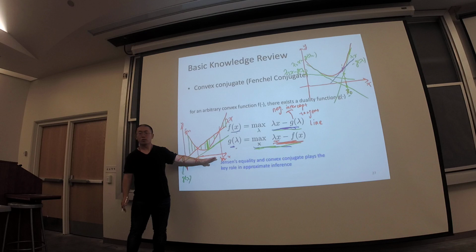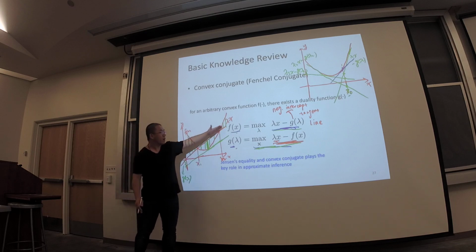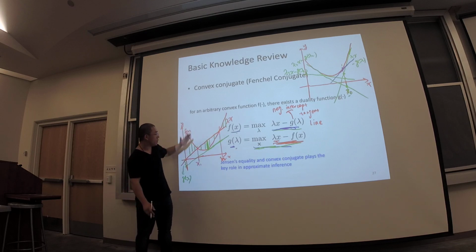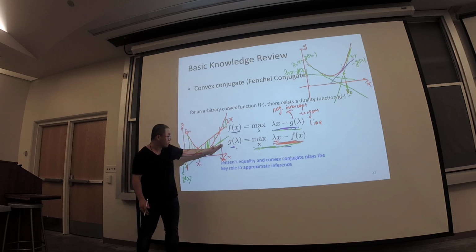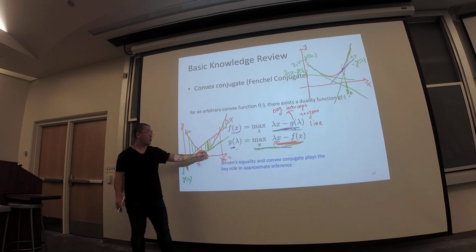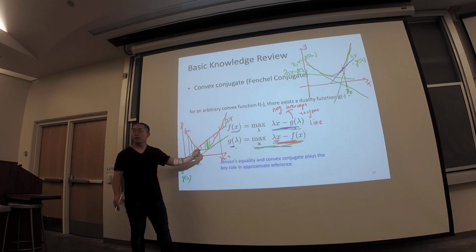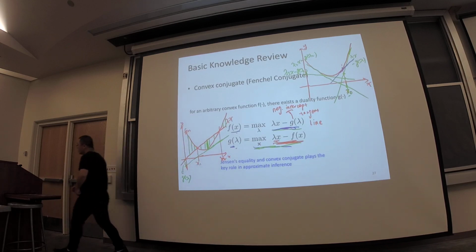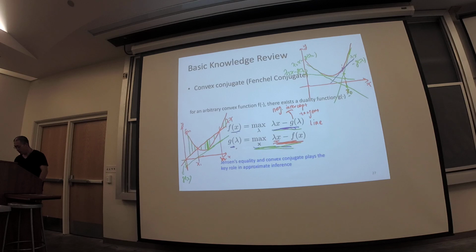Even if I don't cross this whole function curve, if my lambda x is just here, I can still use a similar way to find the biggest difference, and you'll see it's still consistent with the right hand side. Any questions so far?